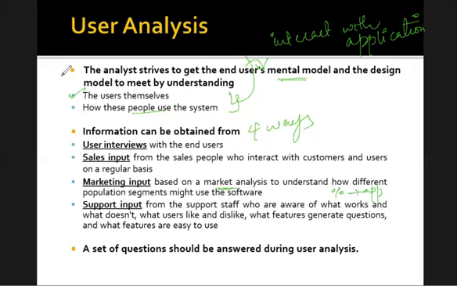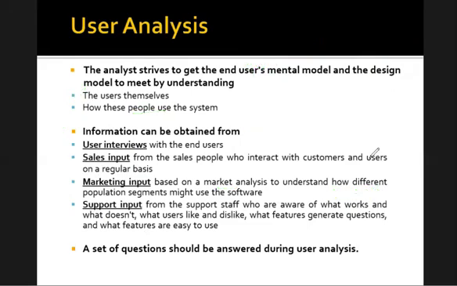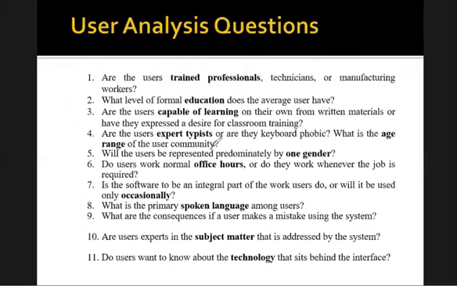So within the user analysis, at this phase, a set of questions are asked at the user analysis stage. These are the questions that are listed here. Are the users trained professionals, technicians, or manufacturing workers? When you know what type of people they are, you can design the application based upon their work.